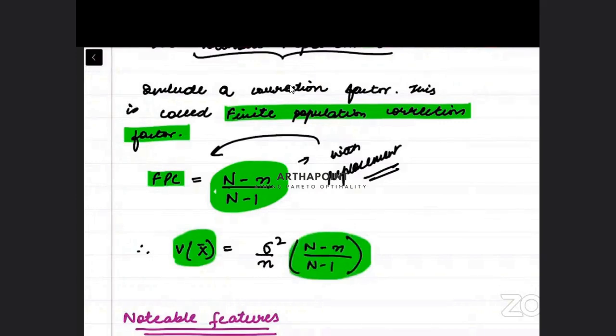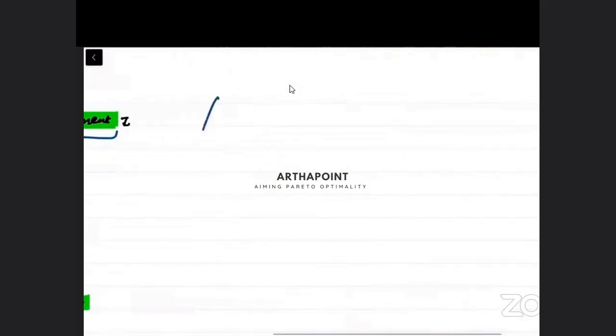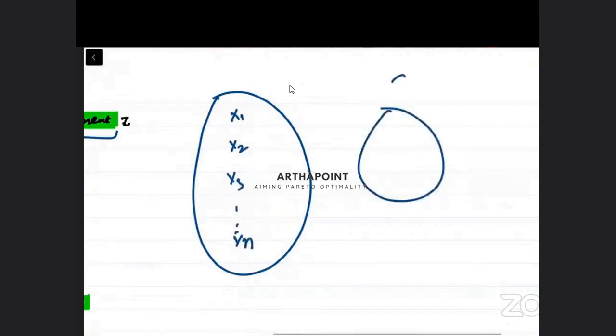Okay, so this is how the two will be different. Always remember, this is throughout: one will be without replacement and one will be with replacement. With replacement means that if I have a population with values x1, x2, x3 and so on till xn, and I want to make a sample out of it, I can choose any one value and then I can choose that again.